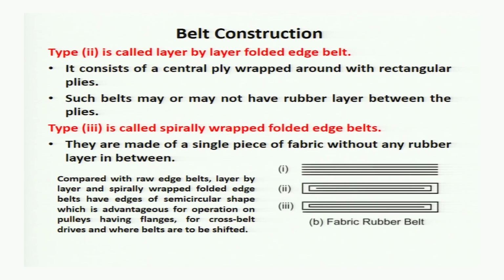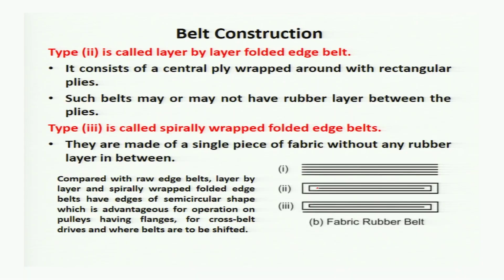The second type is called the layer by layer, or layer folded edge, which means one layer is made like this, and another is covering the first one. The third type is enclosing like this, wrapped around with rectangular plies.